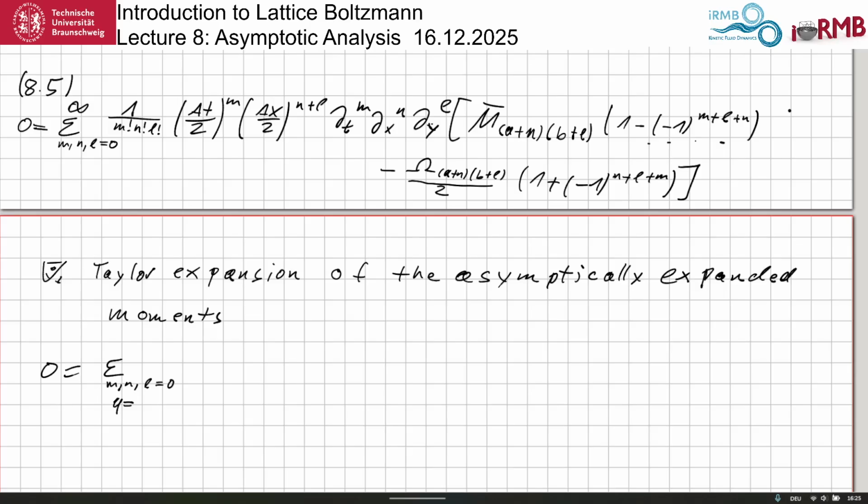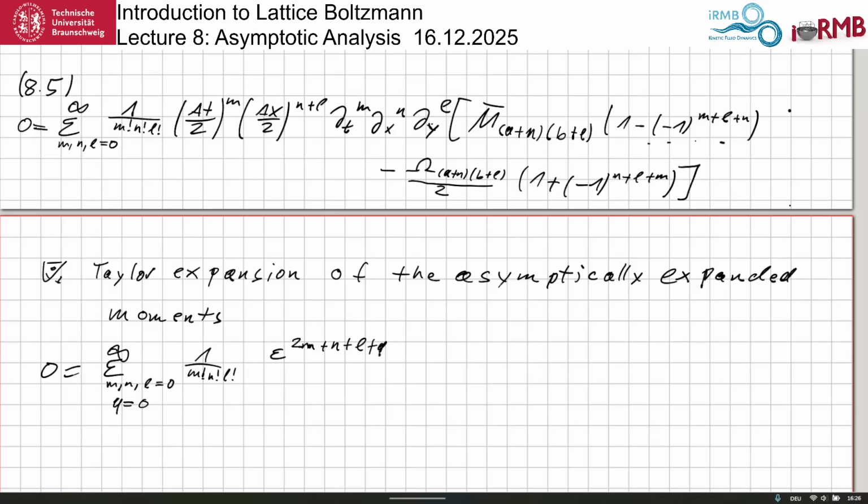1 over m factorial, n factorial, l factorial. Now we have epsilon everywhere. And because we have diffusive scaling, the part that goes with delta t comes twice. So m counts delta t twice, but n plus l plus Q count only once.